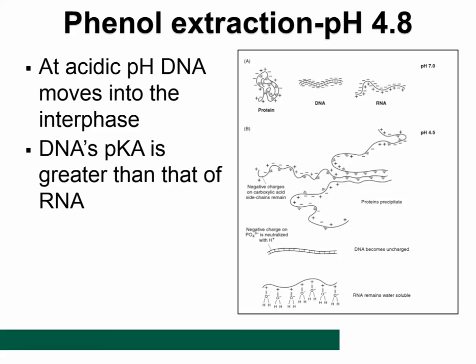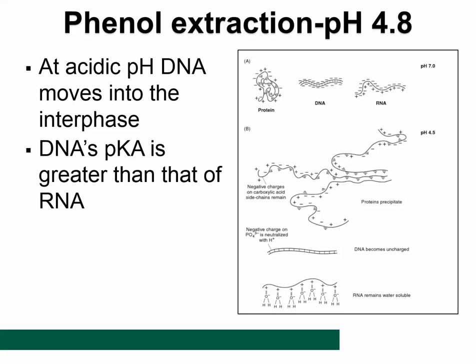Now, at acidic pH, the DNA will move into the interphase. Now, why is that? Well, the reason for that is when you lower the pH, you have gone below the pKa of the DNA. The pKa of the DNA is much higher than the pKa of the RNA.